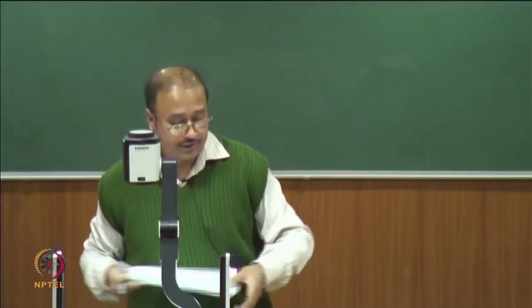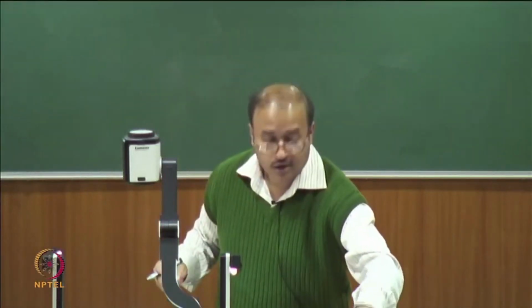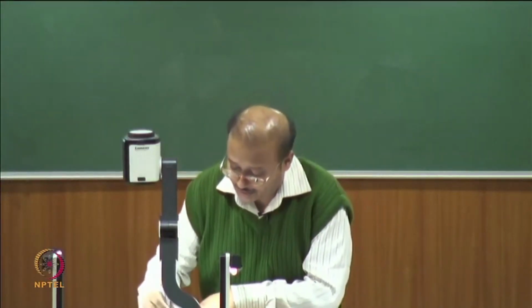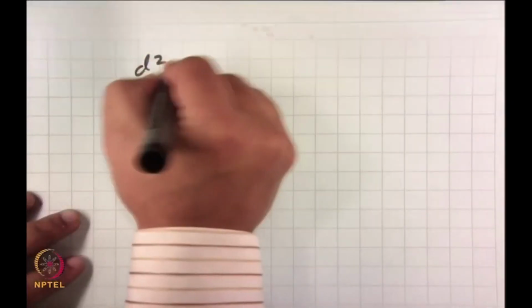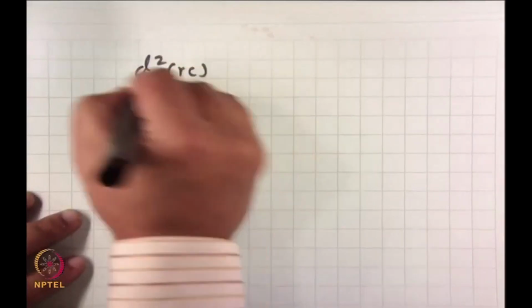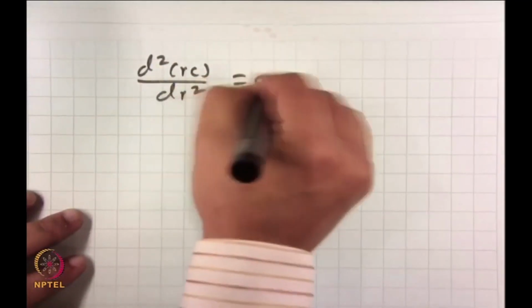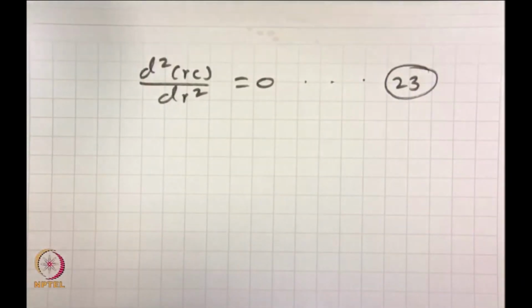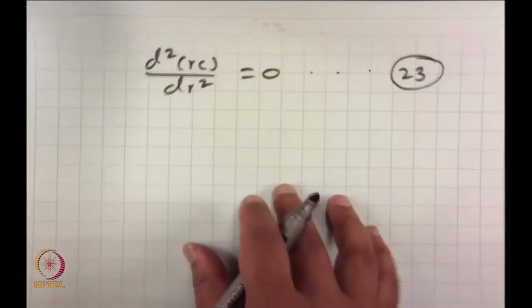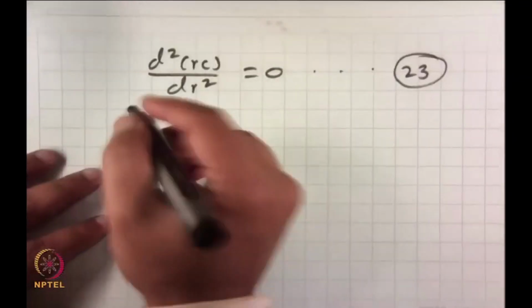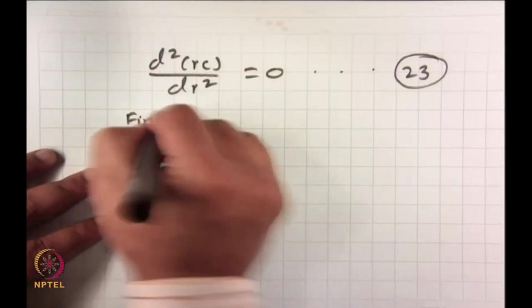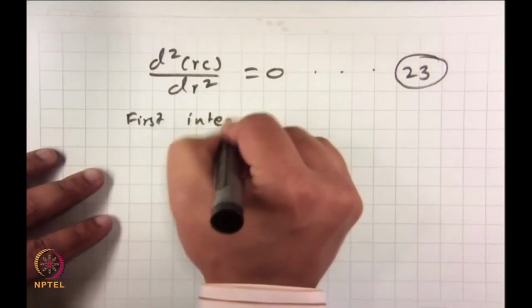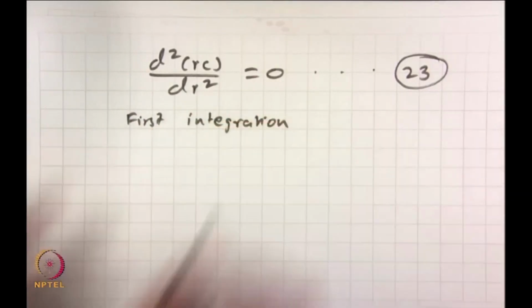Now, if you try to solve this, equation 22 can be written as d2 r c over dr square is equal to 0. I multiply throughout by r, so the 1 by r cancels out. Now I do a first integration, because I have a double derivative.